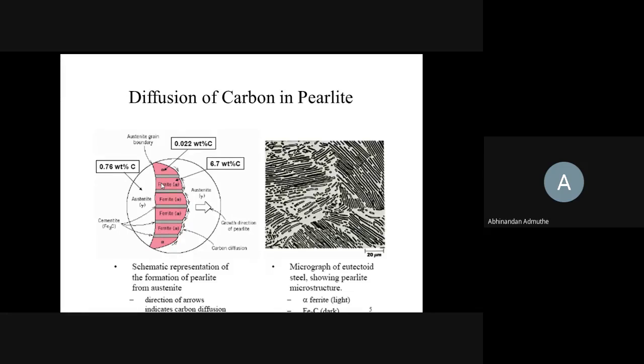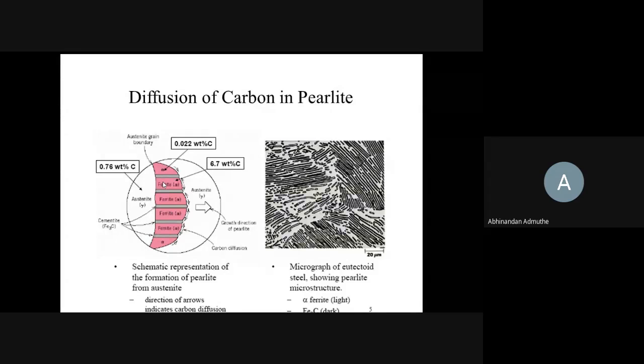So when cementite forms, it takes all the carbon from the austenite, from both sides of the cementite plates, because cementite is rich in carbon. It takes all the carbon from the surrounding austenite.